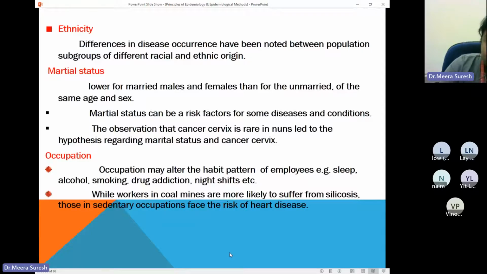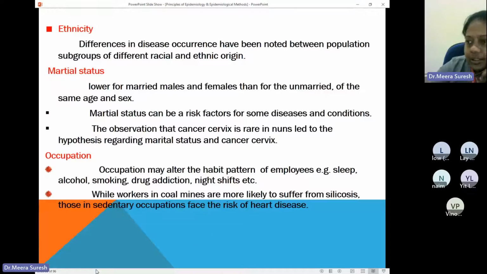Genetic conditions are also there, but other than that, these two factors can result in breast cancer. So unmarried women and women who have not breastfed their children have a greater tendency to develop breast cancer, and vice versa, women who are married and have had more children have the tendency to develop cancer cervix. So marital status can also influence the appearance or distribution of diseases.